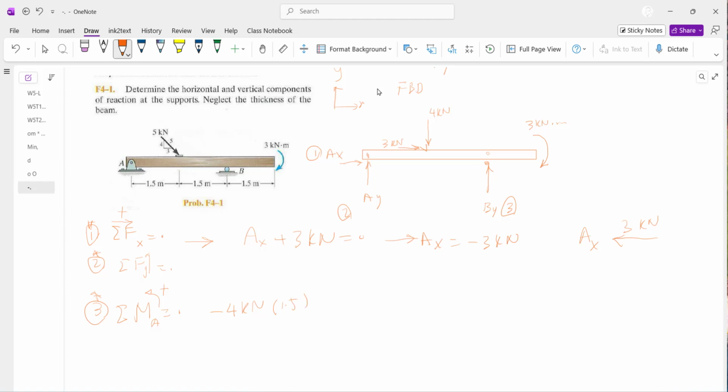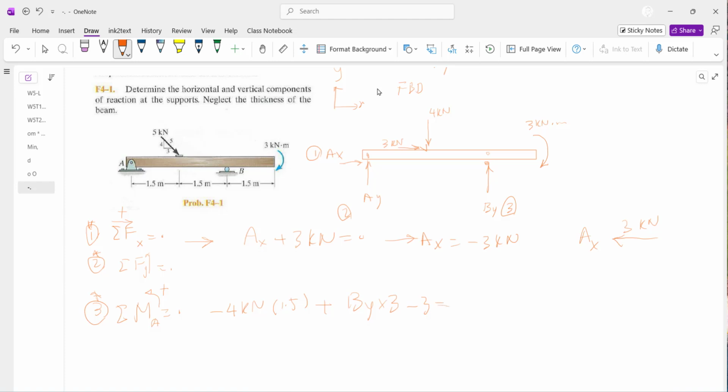And then the next rotation effect is due to BY. I don't know how much BY is, but I know that this is going to make a positive rotation, plus BY, multiplied by 1.5 plus 1.5, which is 3. And finally, I have 3 kilonewton in a negative direction, and that concludes the left-hand side of my equation.